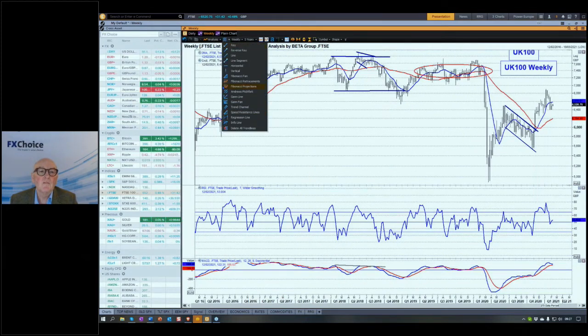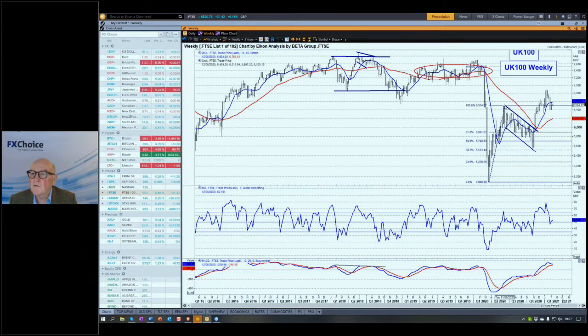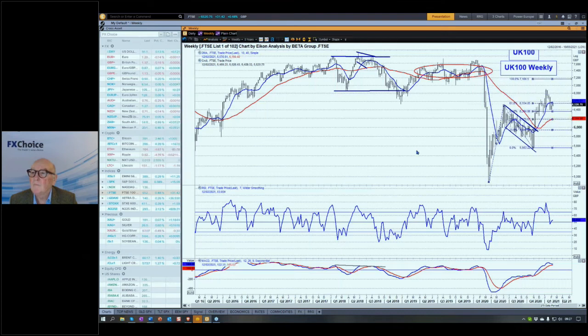So, Fibonacci projection. Here from the start of the March low up to the high, then the pullback low, and here we are. So the minimum price objective from this flag pattern here is 7,166, right into where this cigar appears.